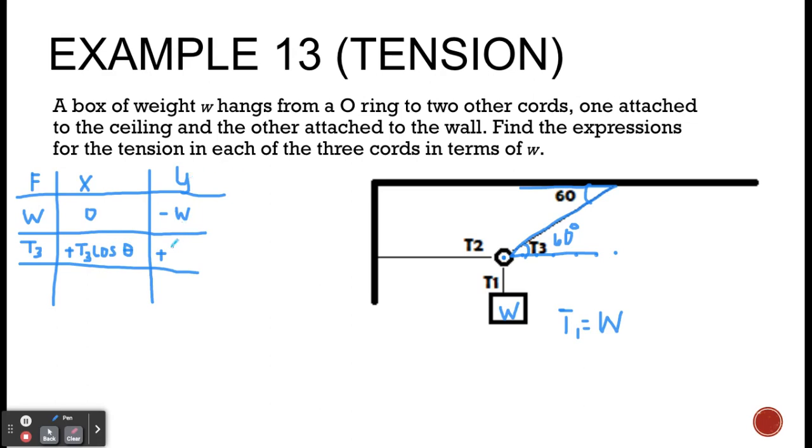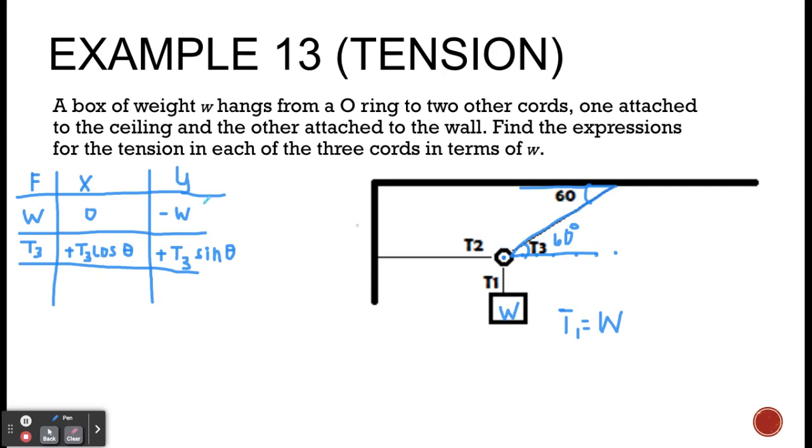The y component is sine. Because theta is measured with the x-axis, x is cosine and y is sine. So x is always cosine unless it's on an incline. We're not on an incline. Theta is measured with the x-axis, so the x component is cosine of theta times the magnitude.